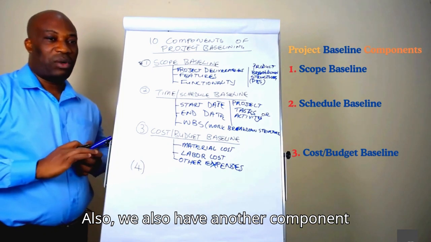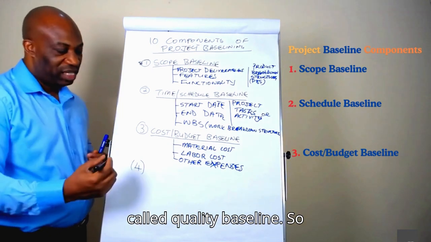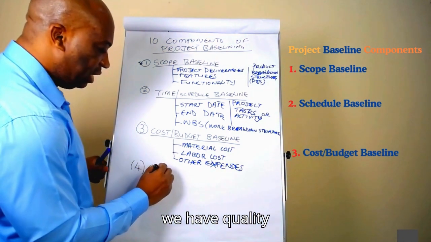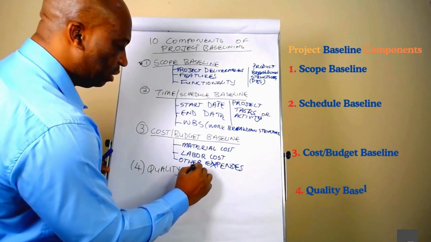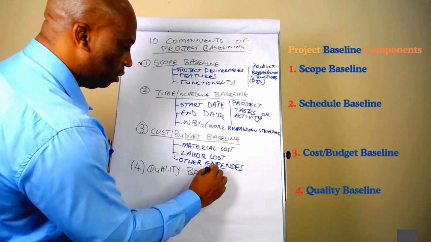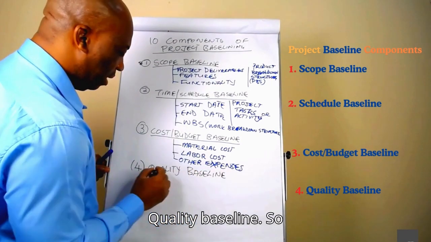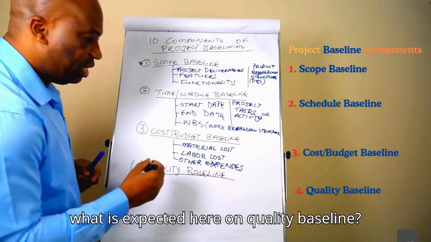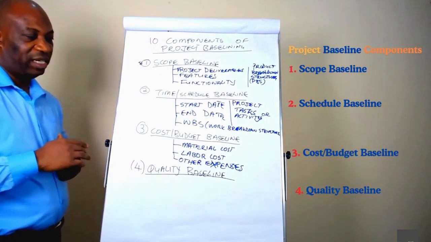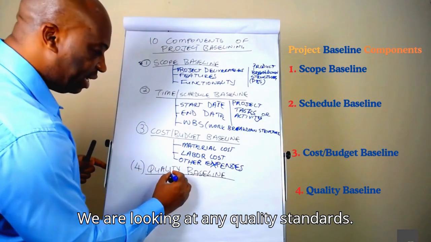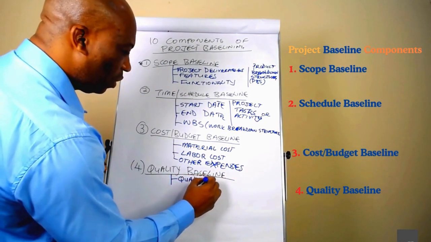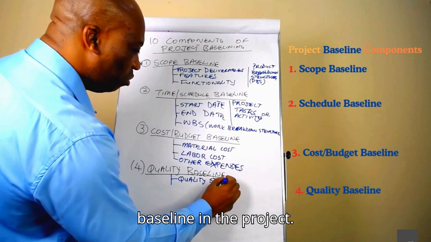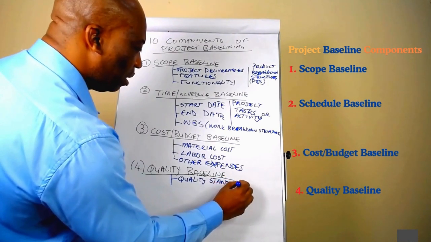Then number 4, we also have another component called quality baseline. So what is expected here on the quality baseline? We are looking at any quality standards that you want to baseline in the project.